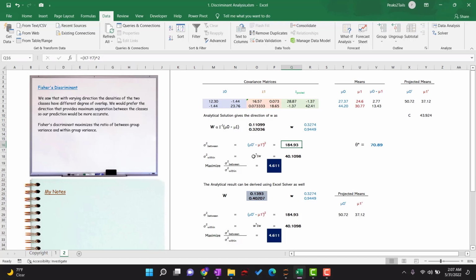Okay. So for within group variance, the neat formula is W transpose sigma W. Where have you seen this formula before? We have seen this formula in the Markowitz portfolio variance formula. Correct.